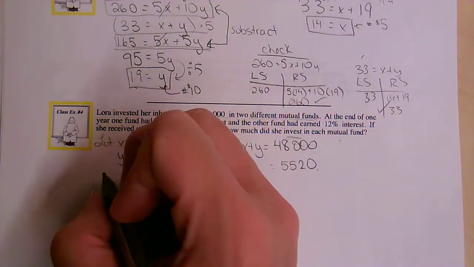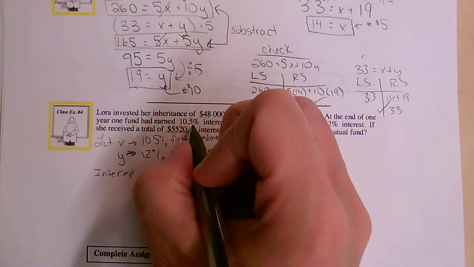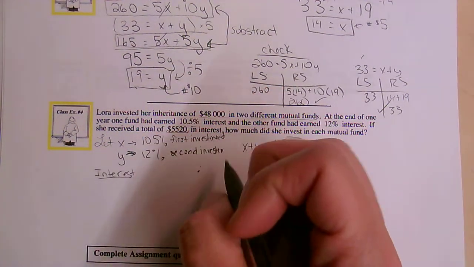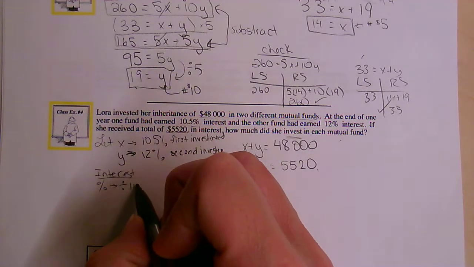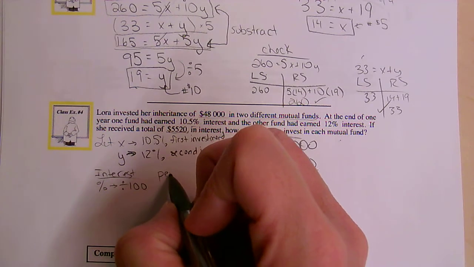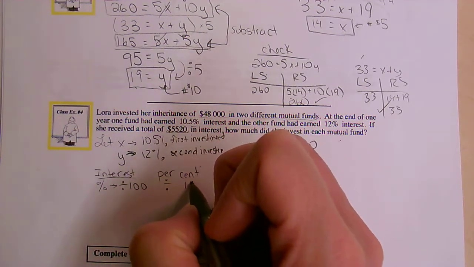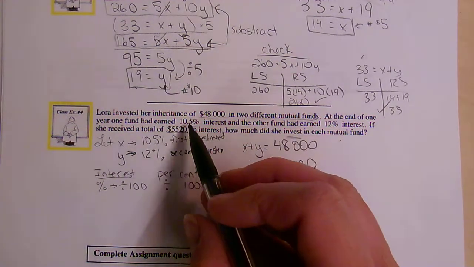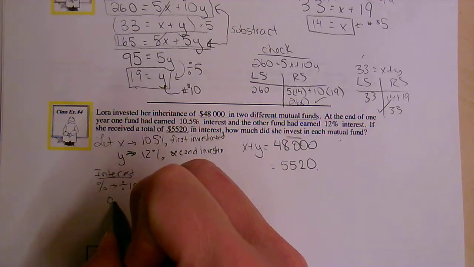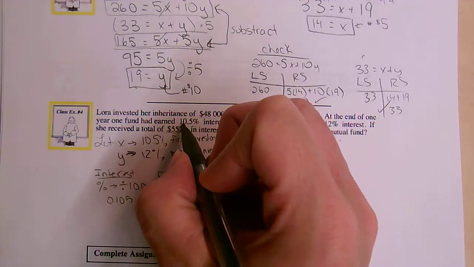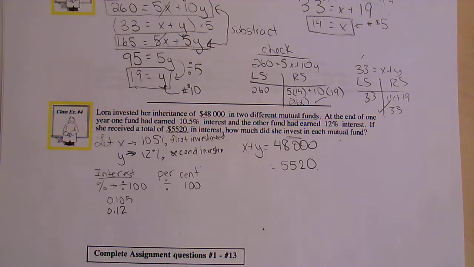So let's do a little aside on the interest, because whenever we've got percents in math, we need to convert it to a decimal, which means we divide by 100, because per is division and cent is 100. So 10.5 divided by 100 is going to be 0.105, because I just moved that decimal place over twice. And then that 12% is going to be 0.12.